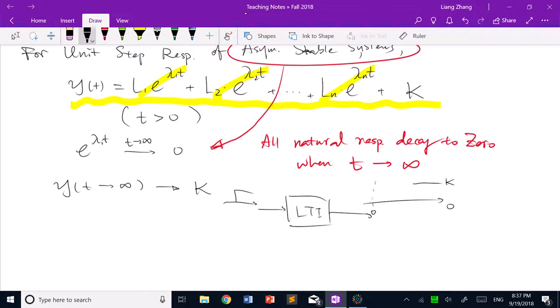Now what happens in the middle is not known particularly. It can move like this. You may go into the steady state like this, or may take some other shapes. But what I do know is in the steady state, when a sufficiently long time has passed, you basically read this value k if you can measure the output.